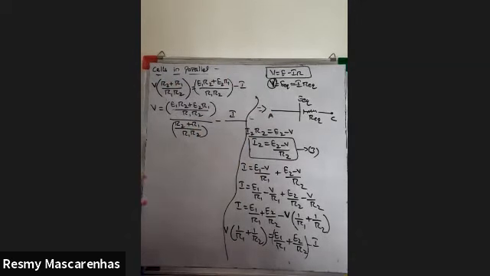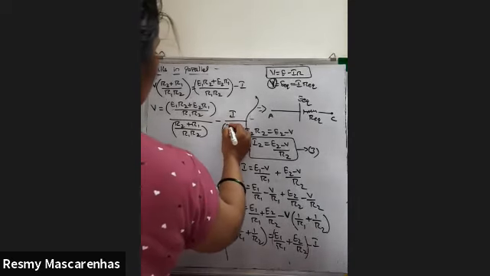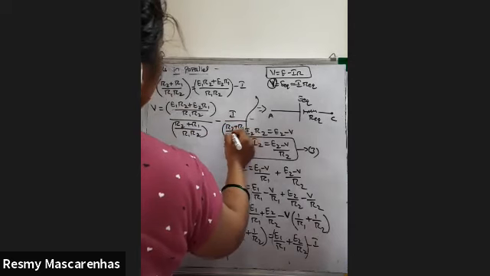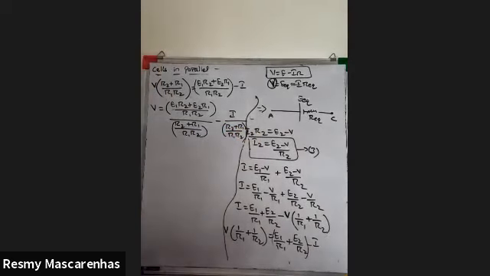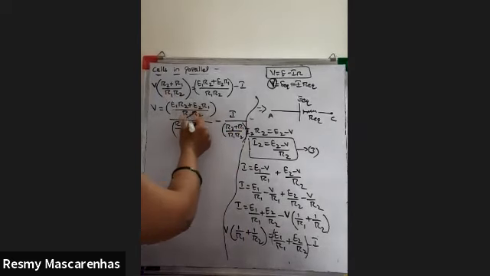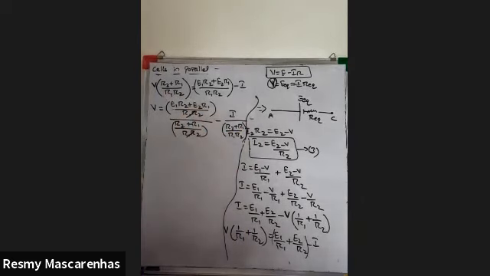Nothing from physics here. This is all your mathematics. So (R2 plus R1) upon R1 R2. So this will get cancelled out.